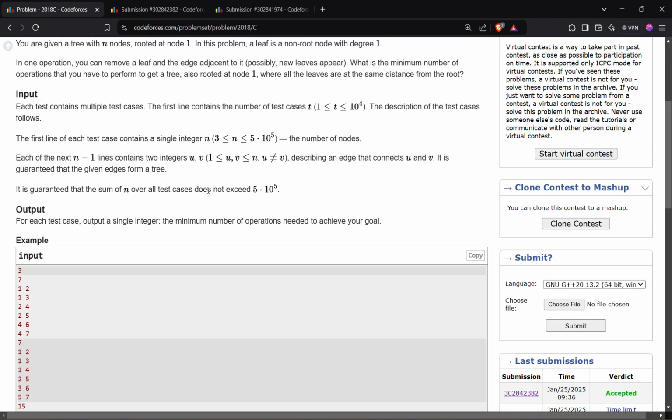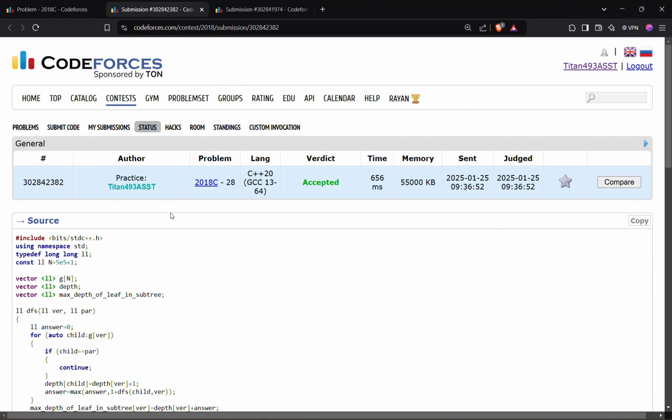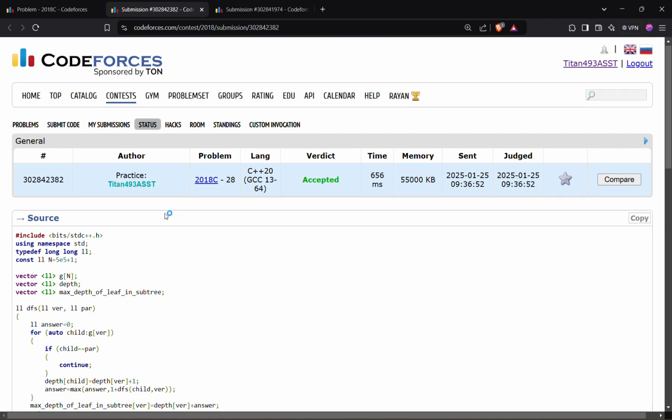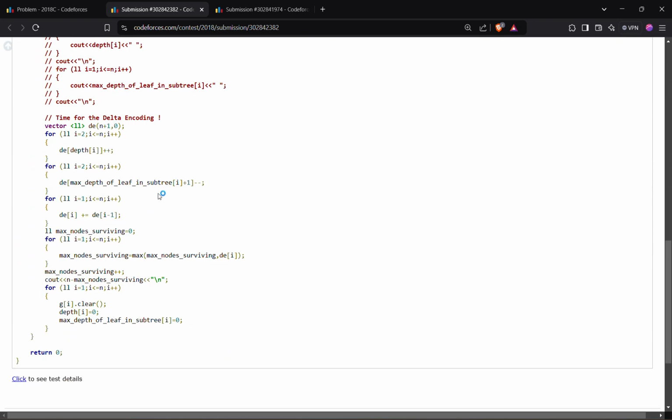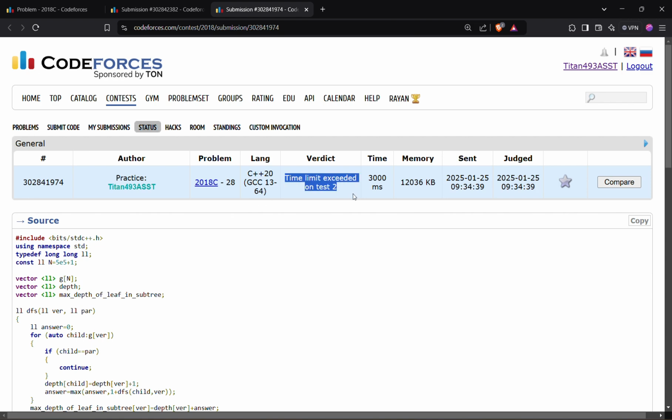Let me take you through one more very interesting observation, so hang with me. This submission doesn't give TLE, it is accepted, and this submission gives a TLE on test case 2. So let us compare what's the difference.